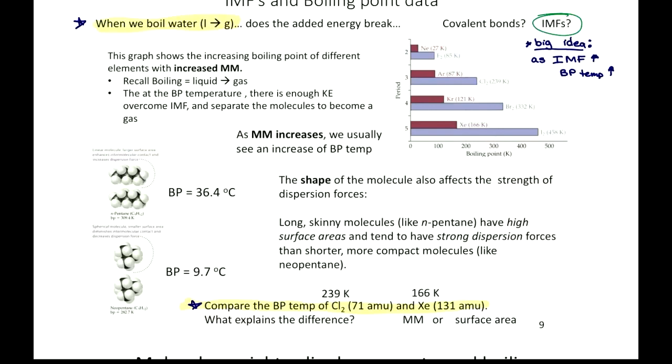Remember the big idea: as IMF increases, boiling point temperature increases. So which one has more intermolecular forces present? Chlorine, yes, because it has a higher boiling point temperature. So tell me, what explains that difference? The molar mass difference or the surface area difference?